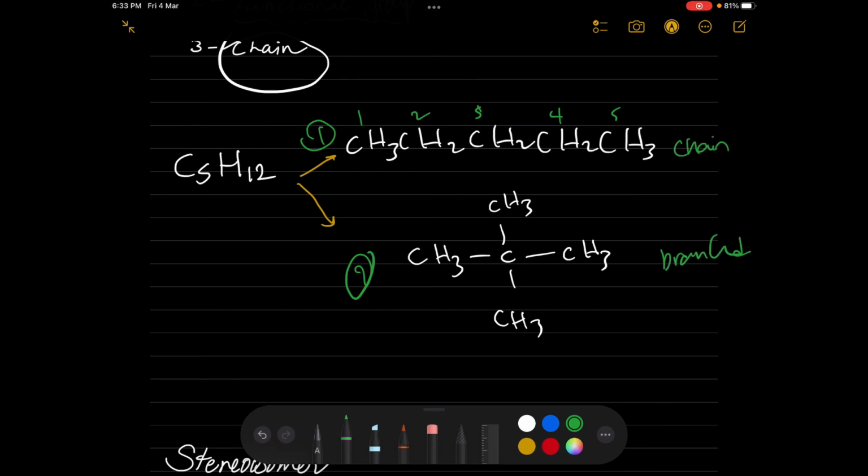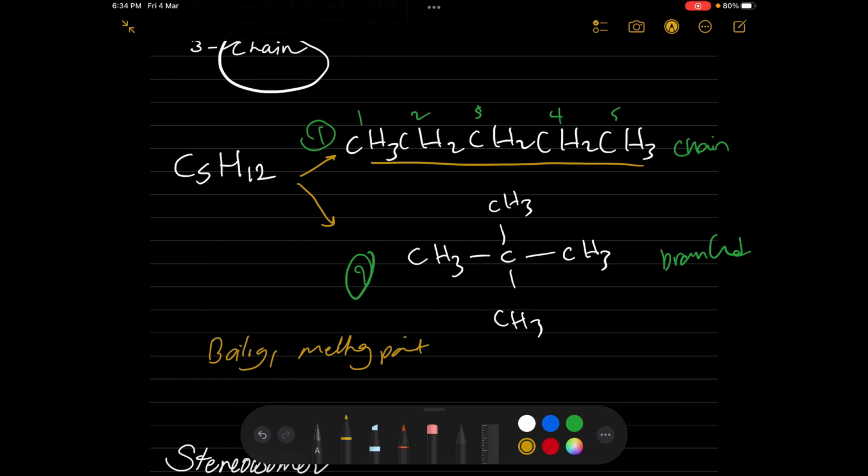So what do you think about the properties, let's say the boiling point and the melting point? According to what we have, these are nonpolar molecules.